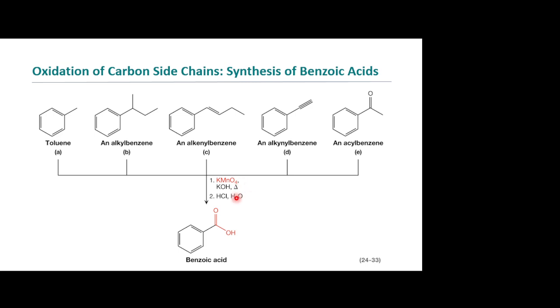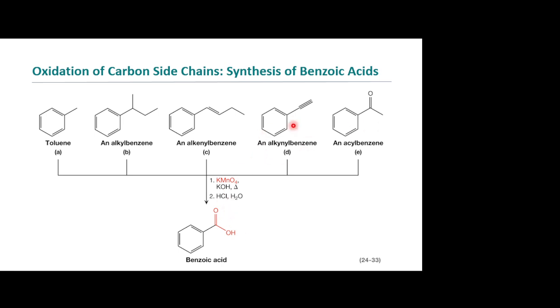And then I could acidify those oxides to put the hydrogen on and get the acid form. So one of the better ways to do this would be, for example, I could acylate it and get an acylbenzene. And then I could react it under very powerful oxidizing conditions, which is that potassium permanganate with KOH and heat. That would fully oxidize this group right here. And that would give me my benzoic acid.